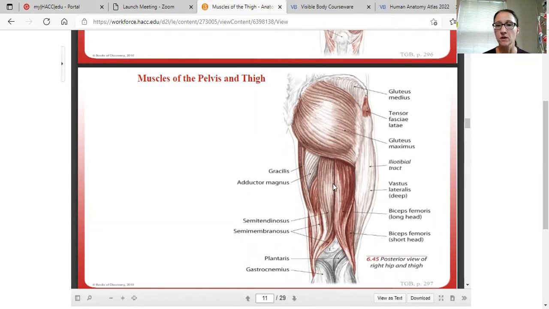So we'll talk a little bit about that as well. And then right here are your hamstrings. You have 2 heads on the lateral side here. That's biceps femoris. And then you have 2 individual muscles, semitendinosus and semimembranosus, on the medial side.